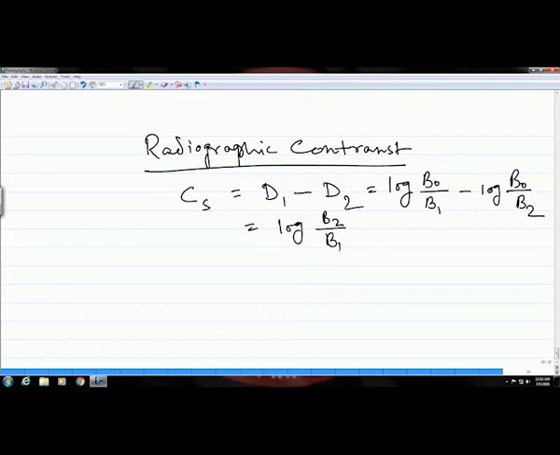Okay. So, this can be written in terms of the transmitted intensity I 2 and I 1.